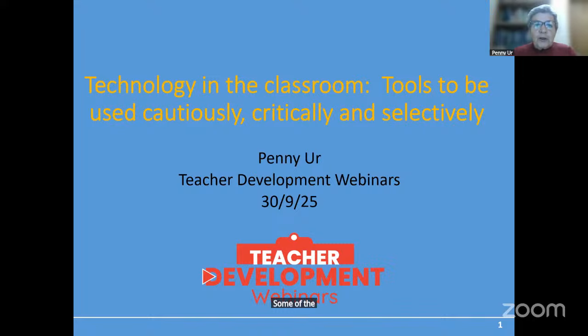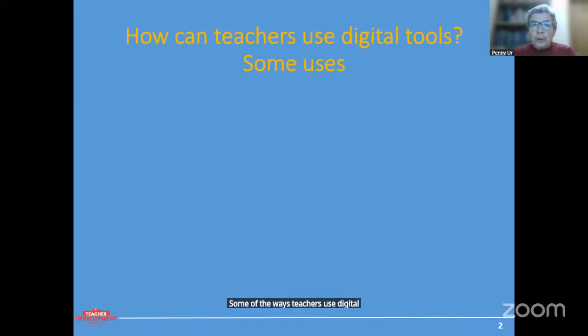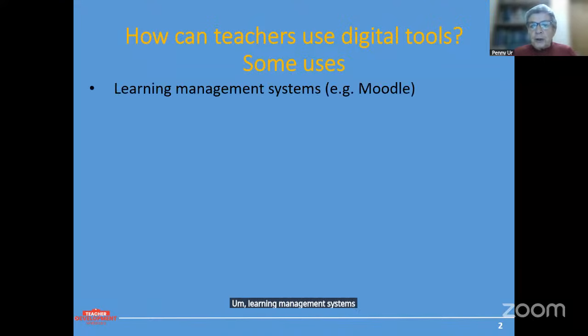Some of the ways teachers use digital tools in the classroom are the following. Learning management systems like Moodle. I don't know how many of these you use. I'm going to ask you in a moment.